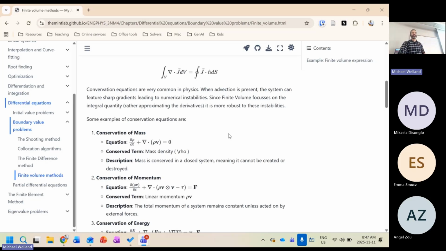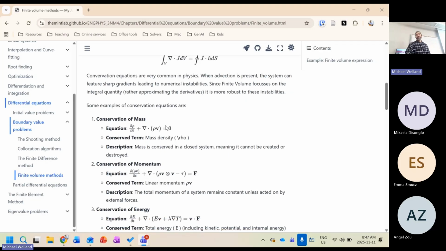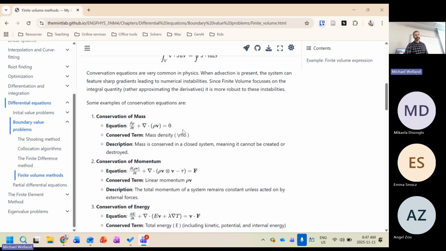Since finite volume focuses on the integral rather than the derivatives, it's actually a lot more robust for this sort of thing. So, for example, conservation of momentum, right? This is Navier-Stokes. Well, no, this is a very simplified version of Navier-Stokes, not quite, right? In the conservation of momentum, literally what you're saying is that the rate of change of something is equal to the divergence of it leaving, to be frank, right?